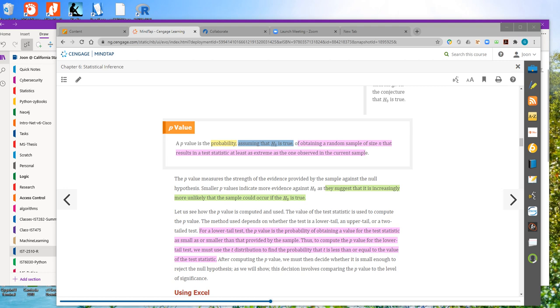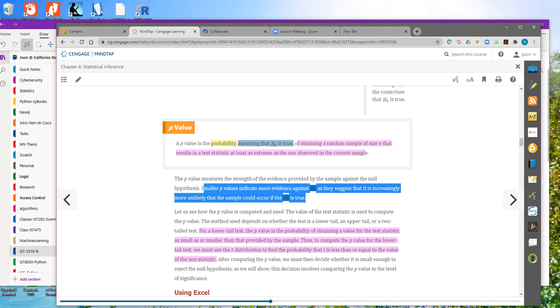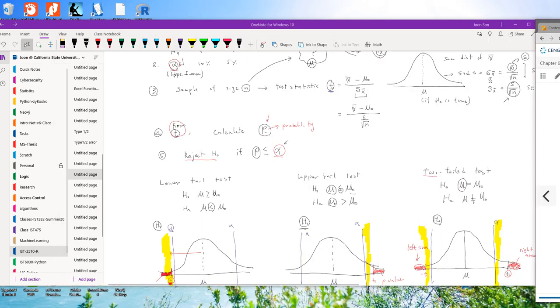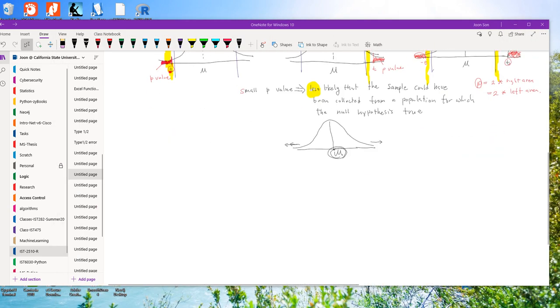The smaller p-value indicates more evidence against the null hypothesis. This is very important. This is another interesting definition of the smaller p-value.